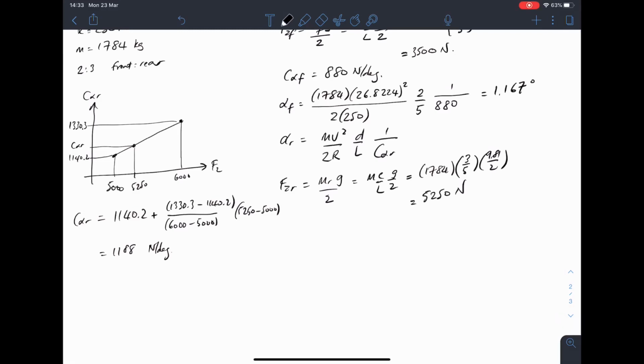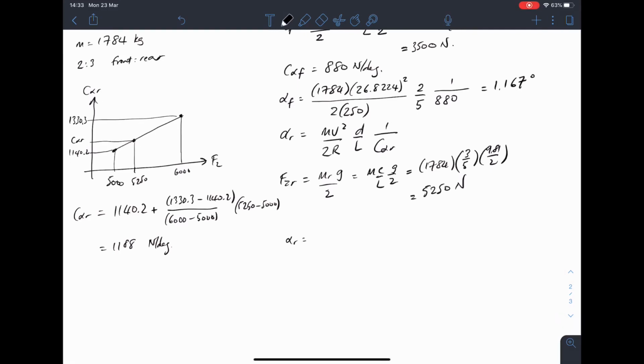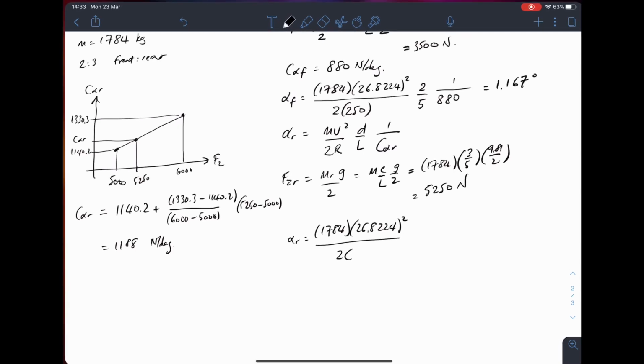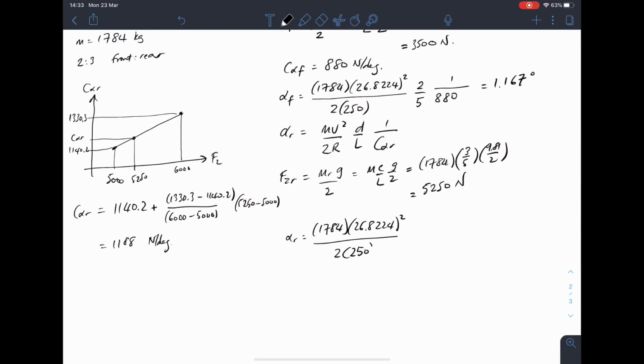And so we can then plug it into our equation for alpha R. So that's going to be 1784 times 26.8224 squared divided by 2R, times 3 over 5, times 1 over 1188.